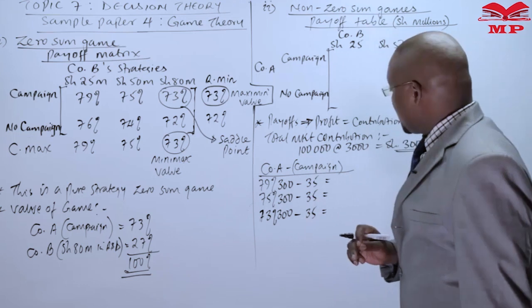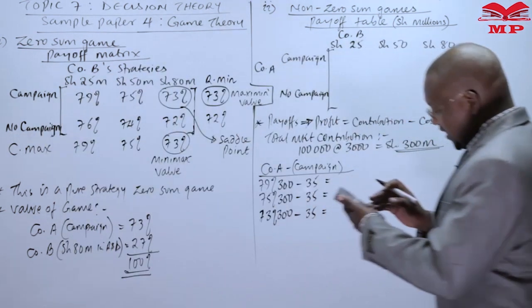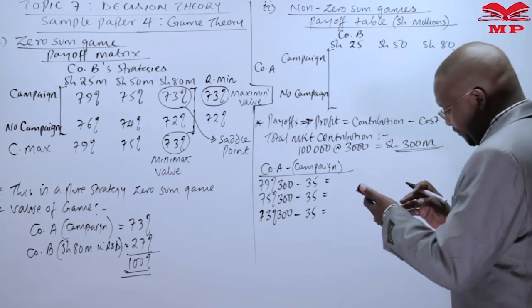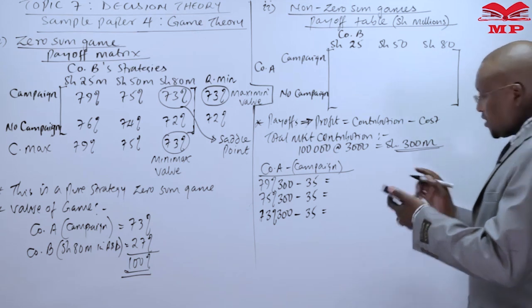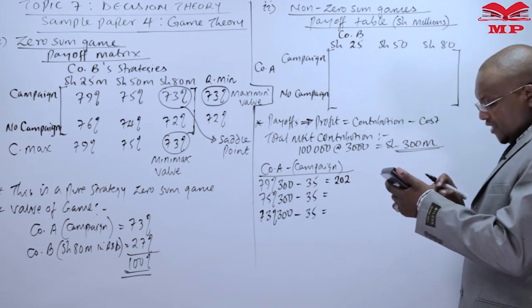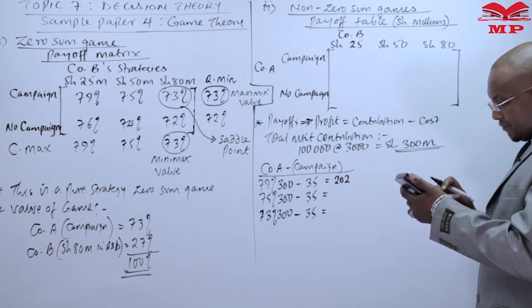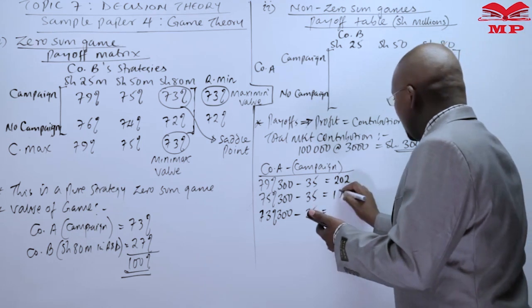So this is going to give us the profits as follows. This is 0.79 multiplied by 300 minus 35. This is 202. This is 0.75 times 300 minus 35. This is giving us 190.